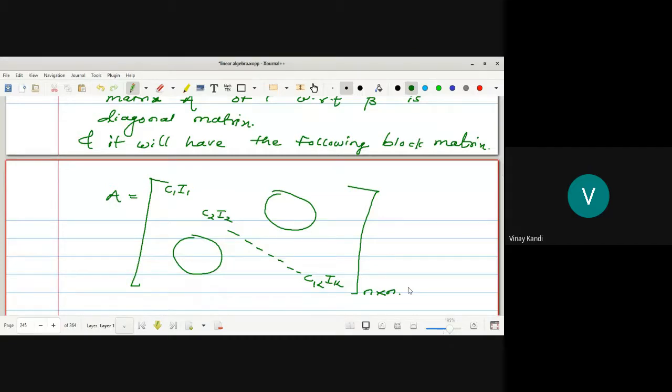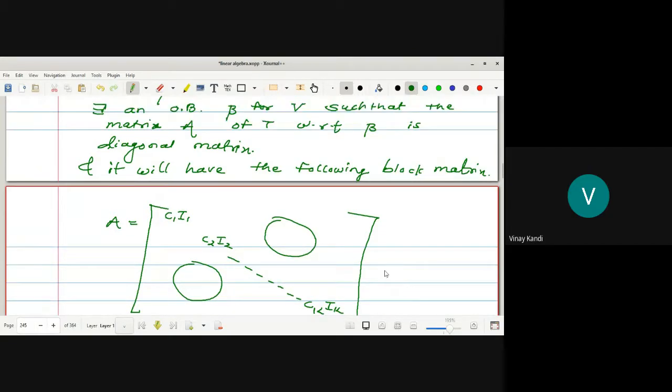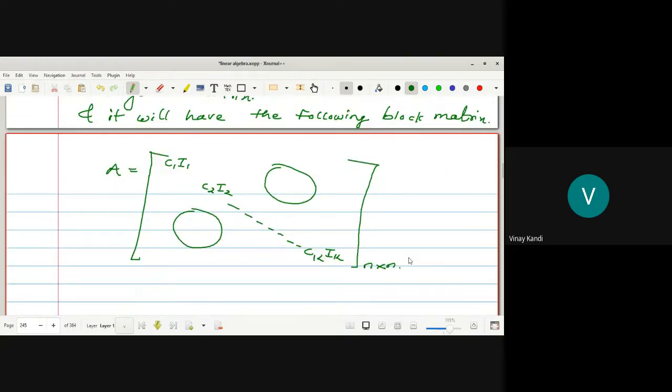Here c1 is repeated d1 times, so the order of I1 is d1 cross d1. If c2 is repeated d2 times, then I2 is the identity matrix of order d2 cross d2, and so on up to ck.